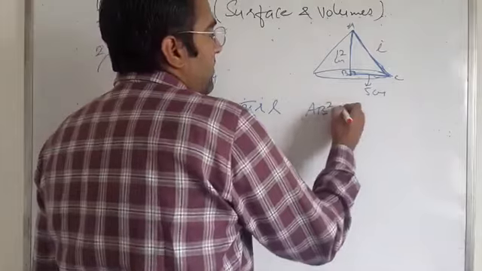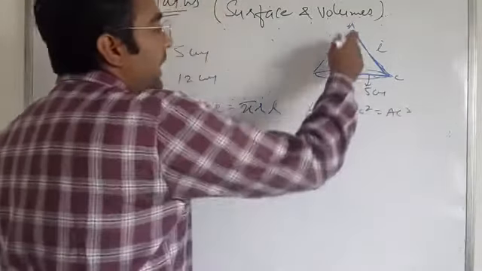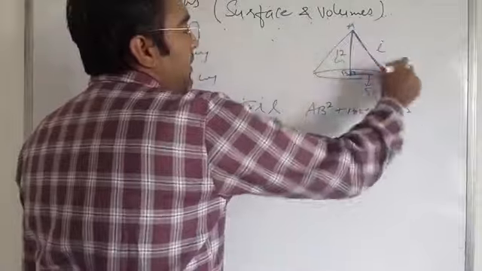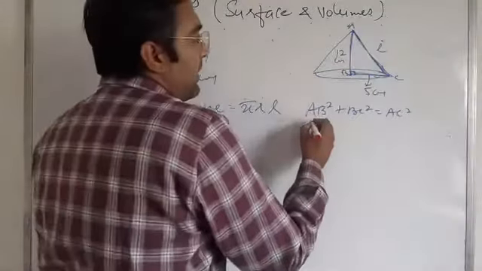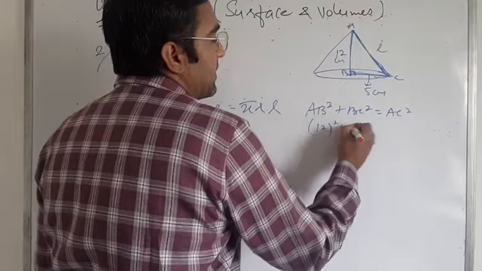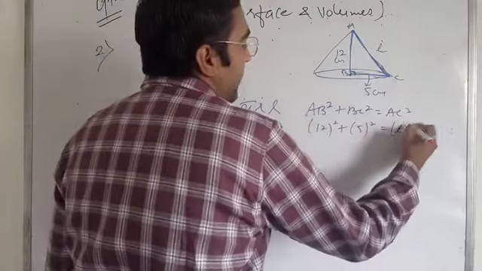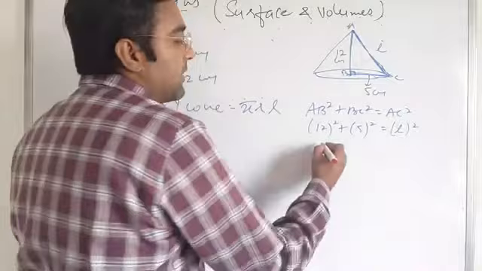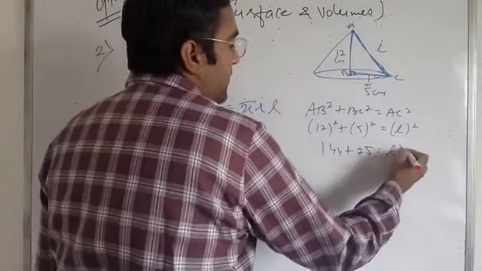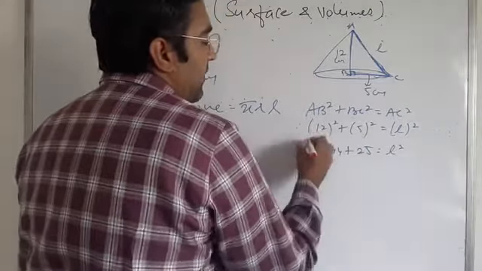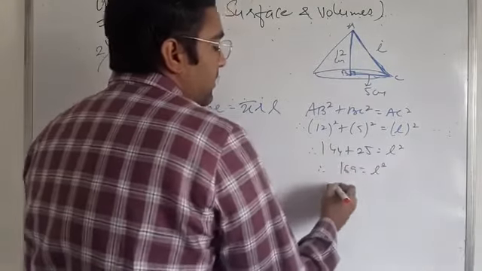AB square plus BC square equals AC square, that is, height square plus base square equals hypotenuse square. So AB is 12 square, plus BC is 5 square, equals AC, that is slant height square. So 12 square is 144, plus 5 square is 25, equals L square. 144 plus 25 is 169, equals L square.